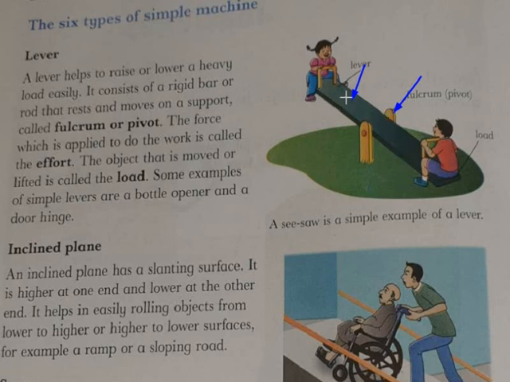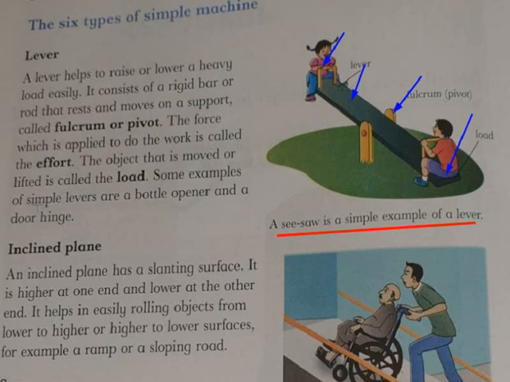This girl is putting effort here, and the load is going to be lifted. We have to lift the load with the help of effort. A seesaw is a simple example of a lever, understand?